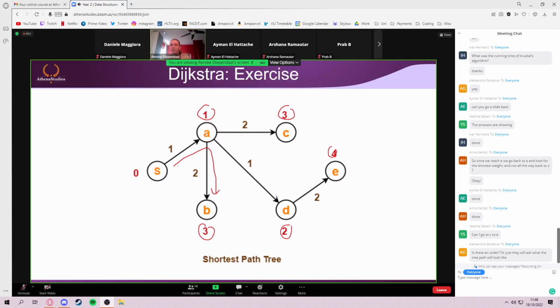Is there an order, or will they just ask what the tree path will look like? I think they might just ask you for the weights, right? Because no matter the order that you have, the weights should always be the same, always the minimal weights. They might ask you for the path, but I'm not sure they will. Or they might give you an order, like if you have equal weights, pick the first letter in the alphabet, something like that.